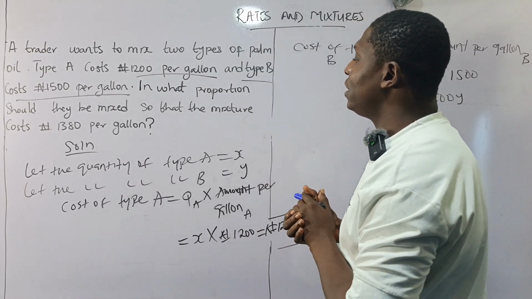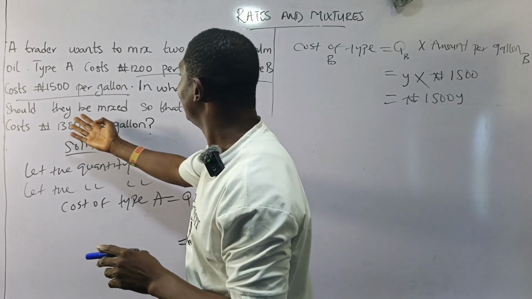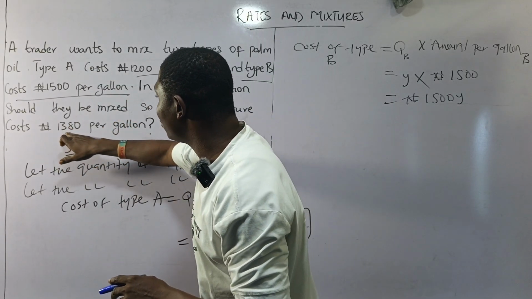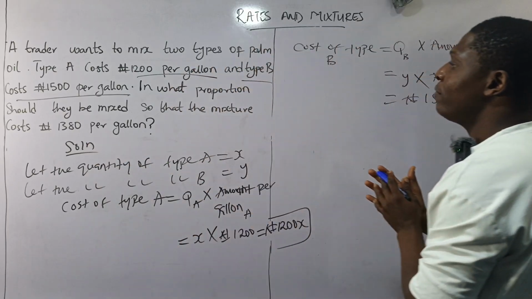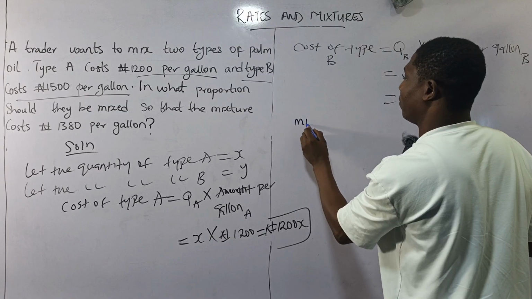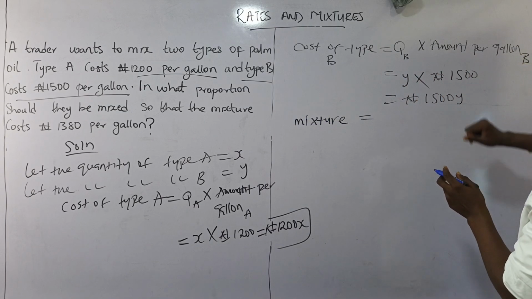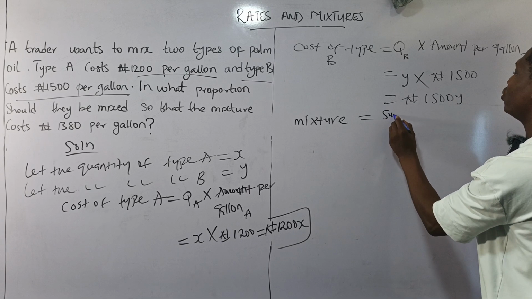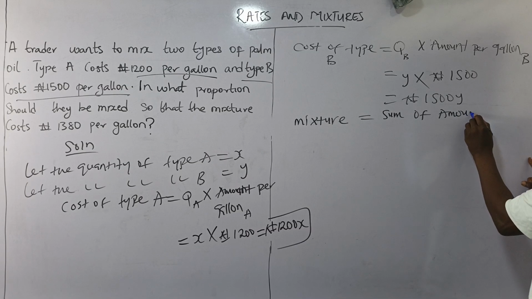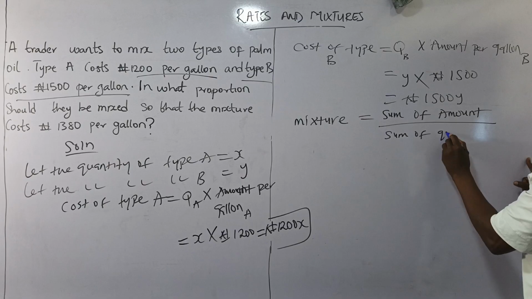Now, the question we're asked is that when they are mixed, they are to be sold for 1,380 naira per gallon. So our mixture will be equal to the sum of amounts, which is cost, all over the sum of quantities.